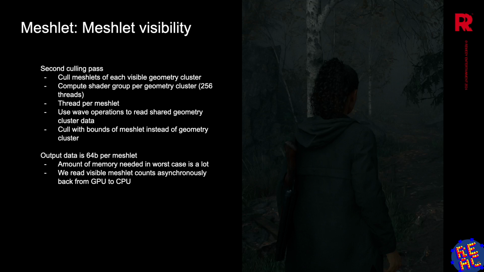As said, the output from this pass is a buffer that contains two 32-bit handles that are consumed by mesh shader. The data output can eat a lot of memory if you allocate space for all the streamed in meshlets. We ended up using async readback from GPU to figure out practical limits for storage.